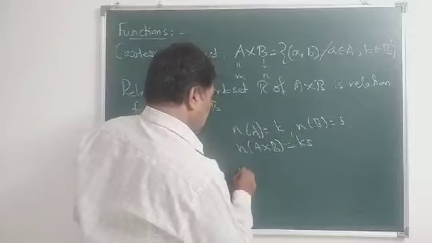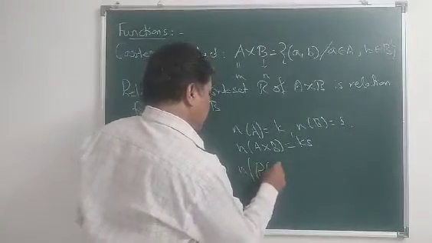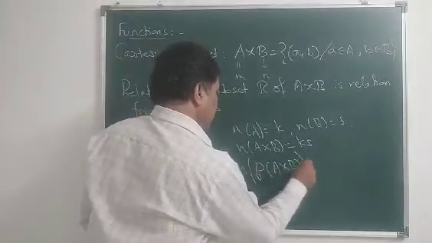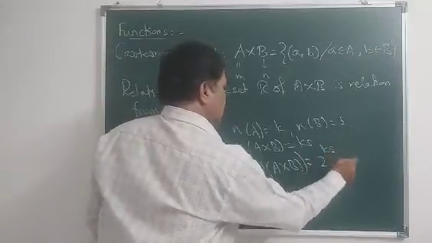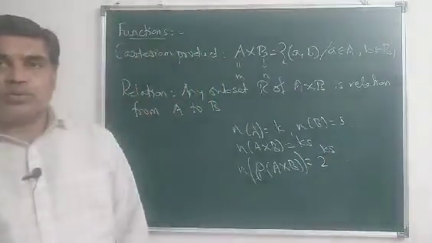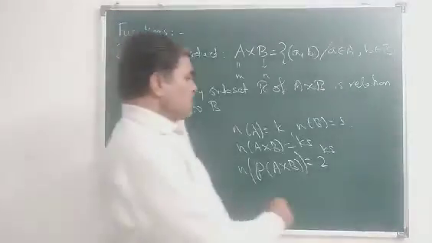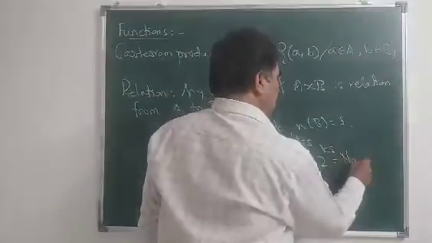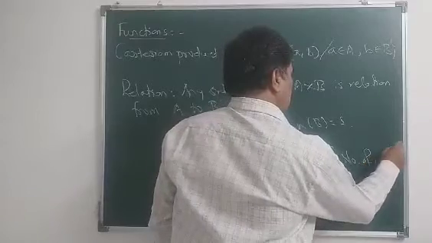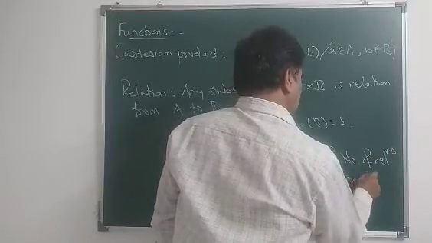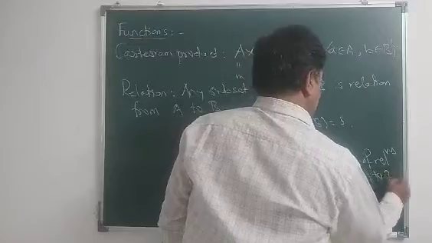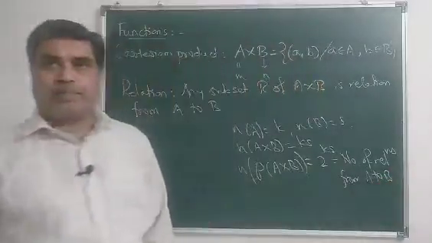So the number of elements in the power set of A cross B is 2 raised to KS. This is nothing but the number of relations from A to B.